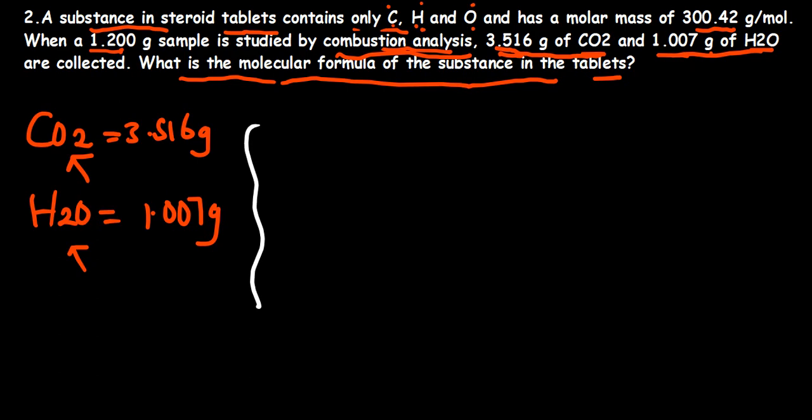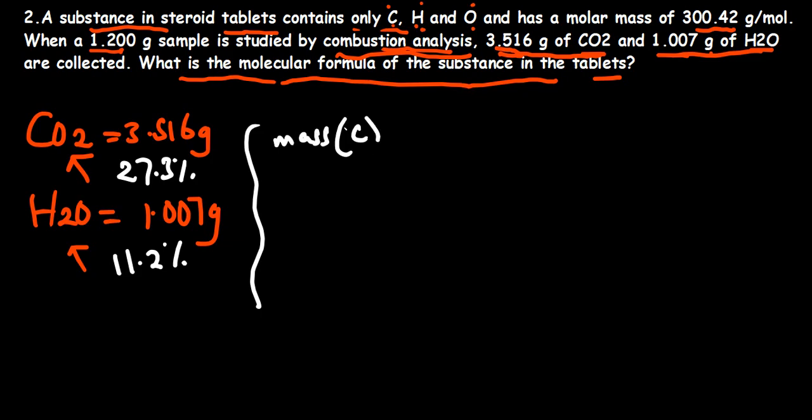So how do we get the mass of carbon? Remember the percentages. Any mass of carbon dioxide contains 27.3% carbon, and any mass of water contains 11.2 percent hydrogen.